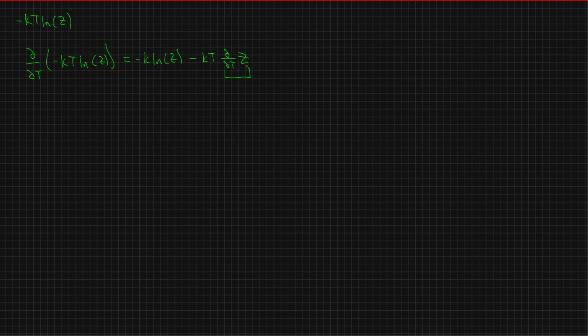In Z, we've typically been writing the temperature dependence as being absorbed into this quantity beta, which we have defined as 1 over kT. So we can just use the chain rule to find the derivative in terms of that. We take del beta, del T, times del over del beta on ln of Z. Sorry, yeah, there should be a log there, shouldn't there? So just changing the derivative with respect to T into a derivative with respect to beta, which you can do using the chain rule.